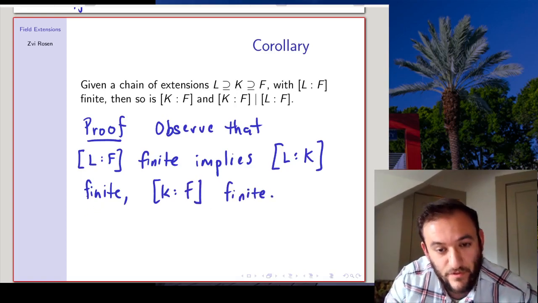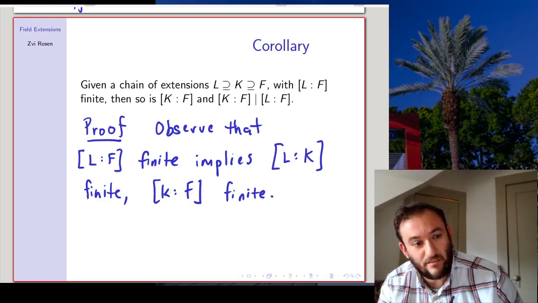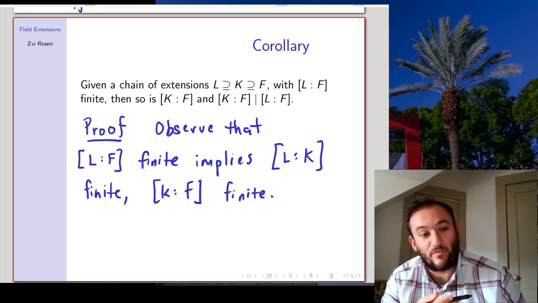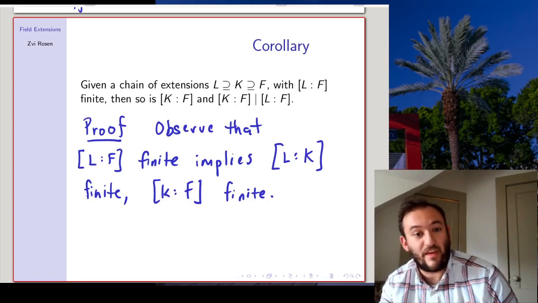So the way you get the first one is, well, if using elements in F, I can take only a finite number of elements of L, and with coefficients in F, I can span the whole thing.